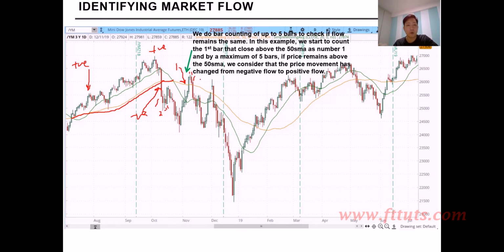We say that the flow is unchanged, because by the 5th bar it didn't close above the 50 SMA. It's normal that price temporarily goes and tests the 50 SMA but comes back down. We say that here the negative flow remains intact.